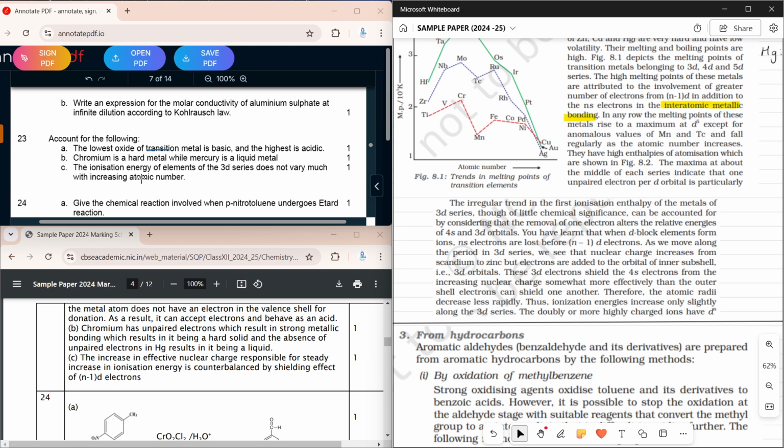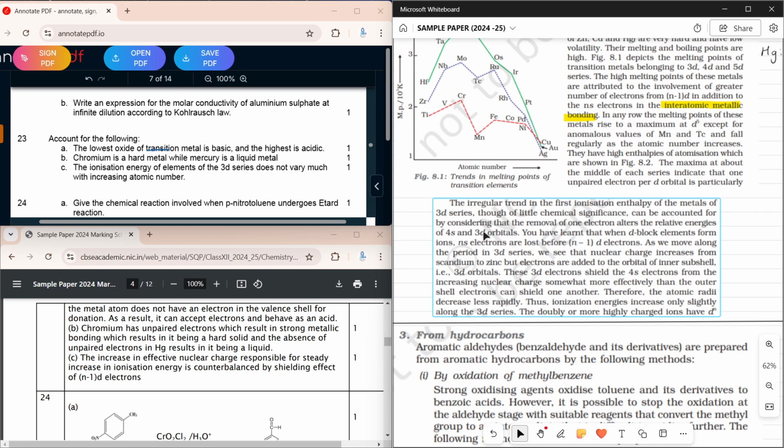This is because when you have an increase in the electrons, we've understood that the 4s and 3d orbitals are closer in energy. And because they're closer in energy, the increase in the number of electrons is balanced by the shielding effect.